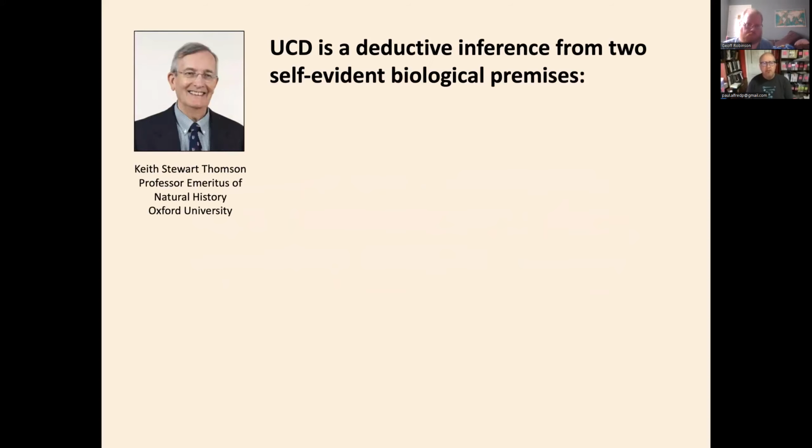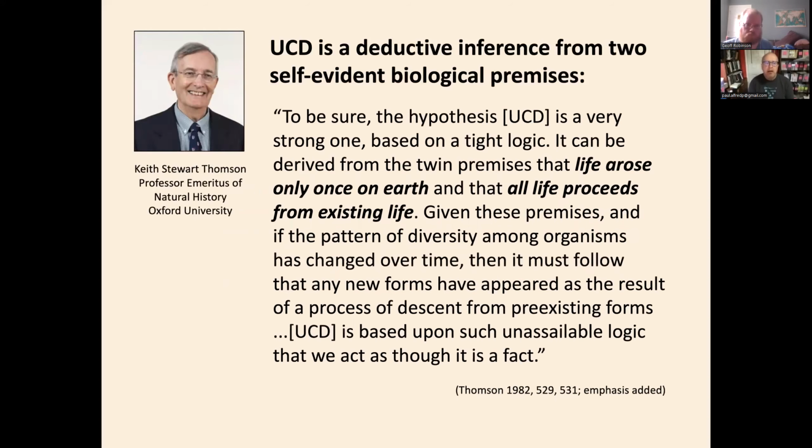So Keith Stewart Thompson spent much of his career at Yale. I believe he's now in the UK working at Oxford. But in a paper in the early 80s, he said, universal common descent is a deduction, and it comes from the premises, one, that life arose only once on Earth, and that all life proceeds from existing life.